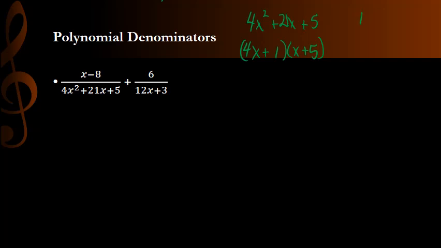Now what about this 12x plus 3? Both 3 and 12 are divisible by 3, so I can factor out a 3, and I get 4x plus 1, and that gives me a common factor. And here's a tip: if you don't immediately see a common factor, make sure to check whether you can factor something out that'll give you a common factor.